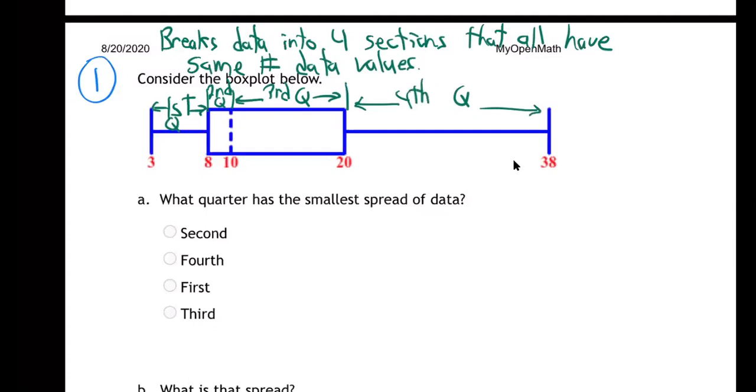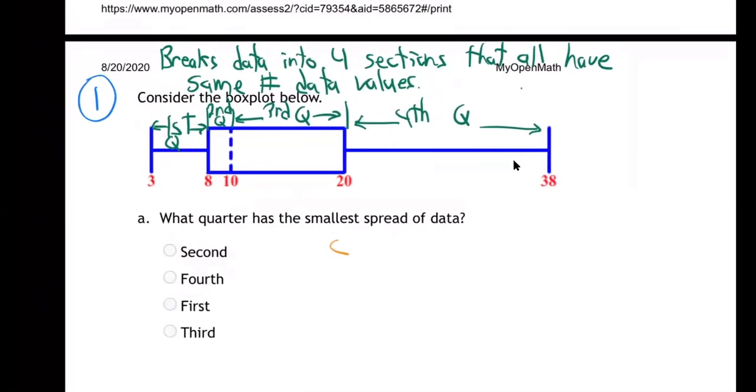So this box plot, let me make up something real to help you. Let's make this more real. Suppose this is quiz scores. Suppose I gave a quiz to my class and I said, this is how you guys did as a whole class. Here's the results. Let's suppose I had 40 students in the class.